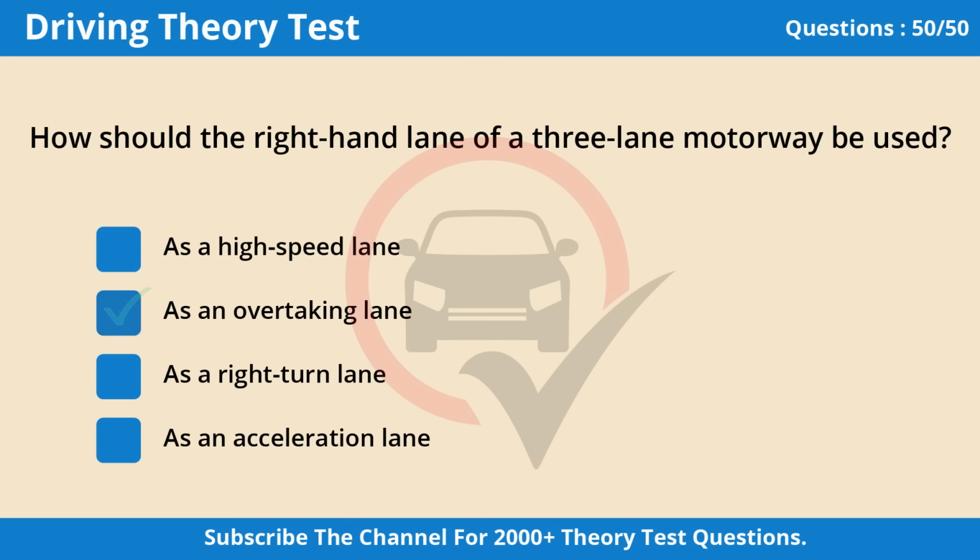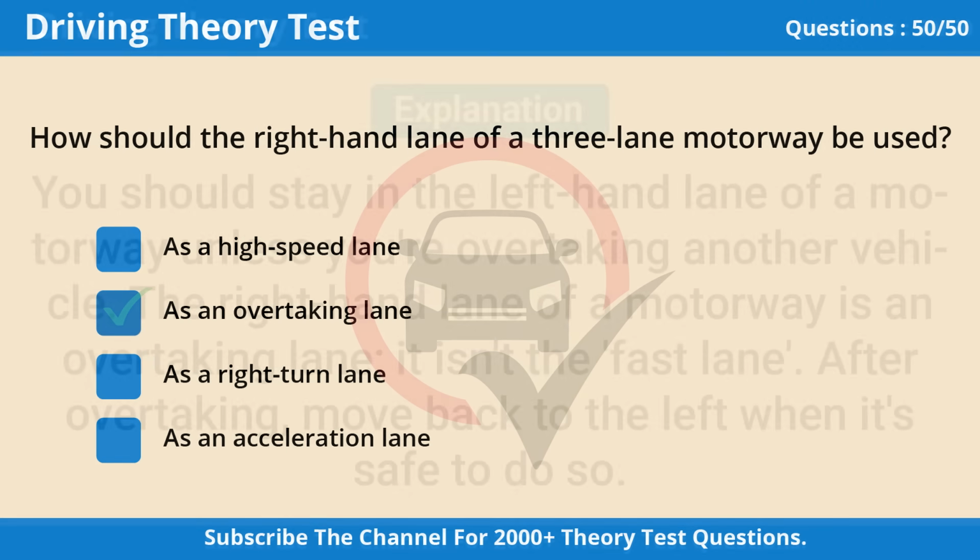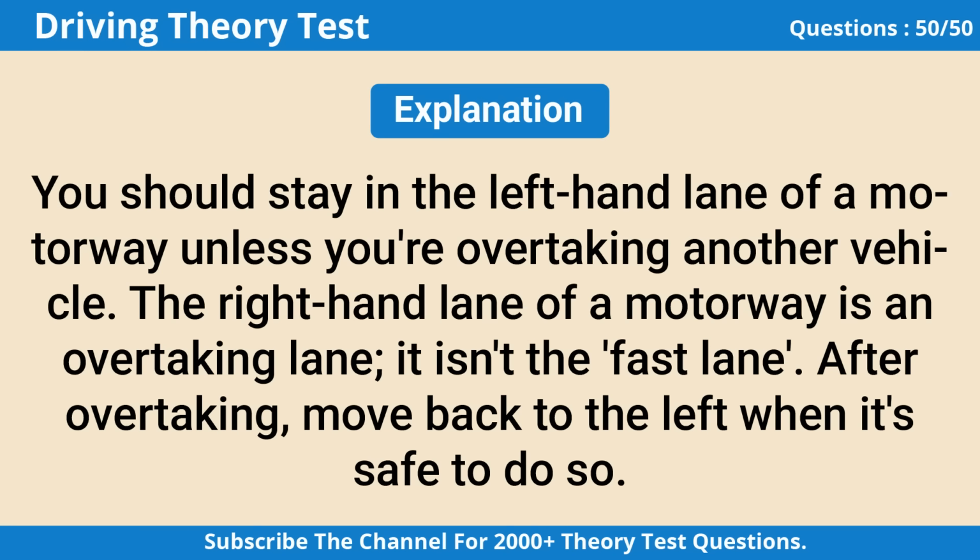B. As an overtaking lane. You should stay in the left-hand lane of a motorway unless you're overtaking another vehicle. The right-hand lane of a motorway is an overtaking lane, it isn't the fast lane. After overtaking, move back to the left when it's safe to do so.